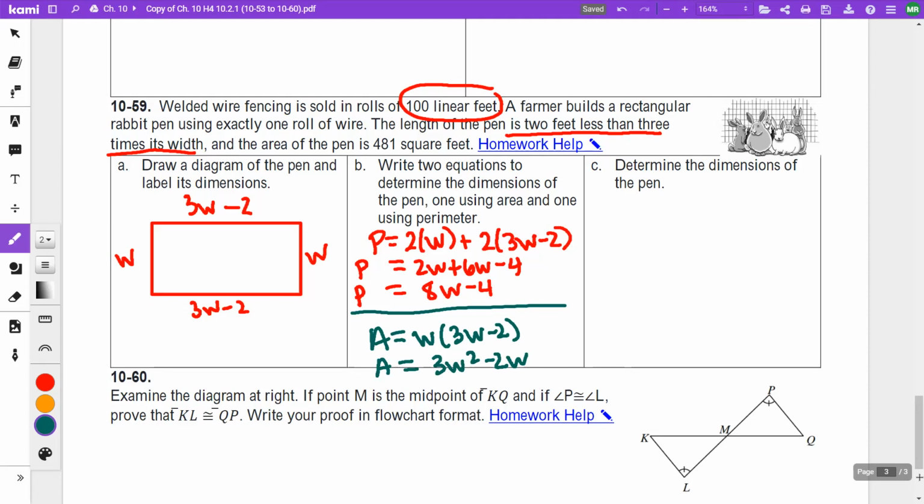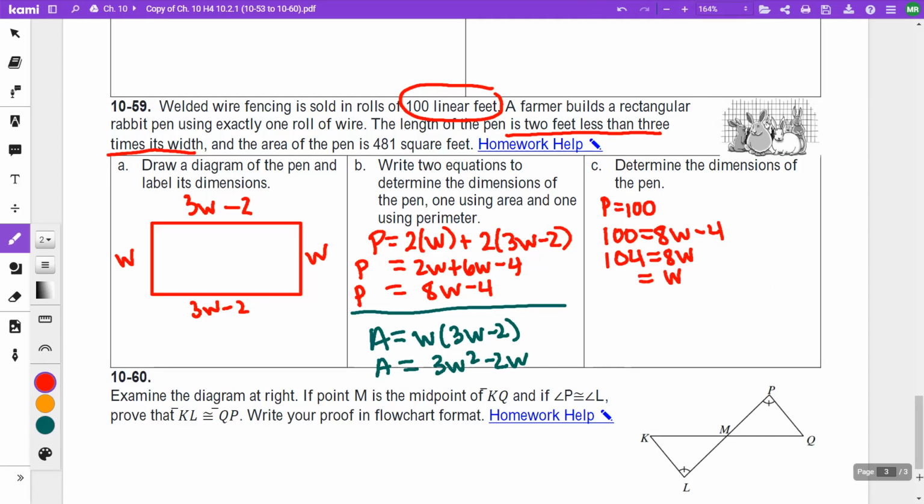Now, we know a couple things. We know that the perimeter is equal to 100. So I go 100 is equal to 8W minus 4. So I get 104 is equal to 8W.